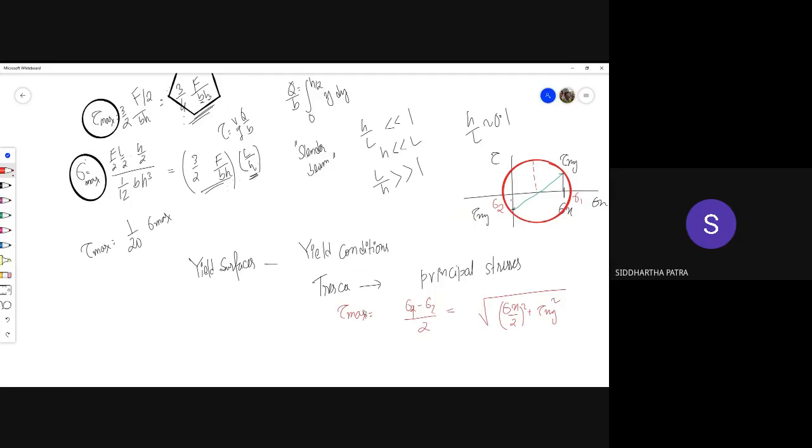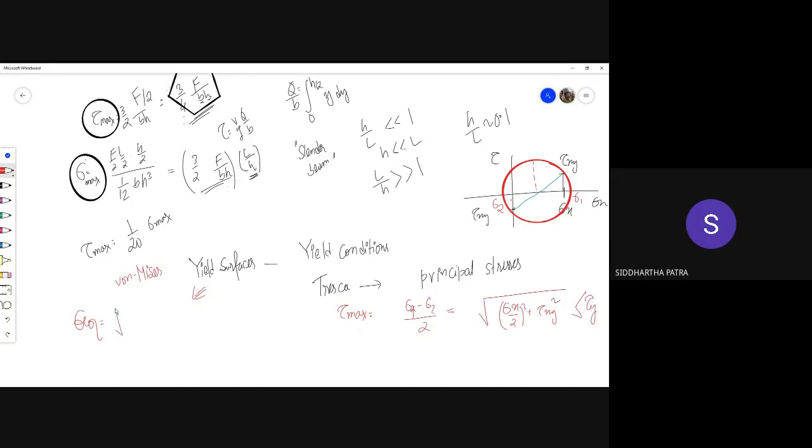And if you are dealing with von Mises criteria, this is how you get the equivalent normal stress. So you need to compare this tau max with tau y in plasticity.